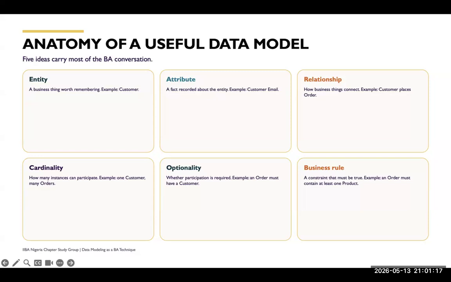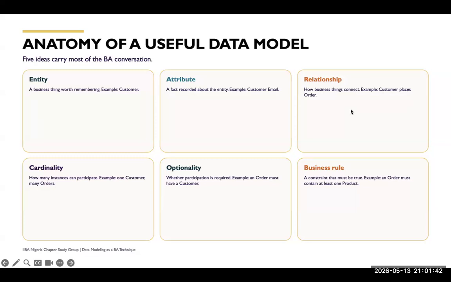Right. Then we have the relationships. The relationship is simply how business things connect, how the entities within the business relate. For example, here we have customer places an order.